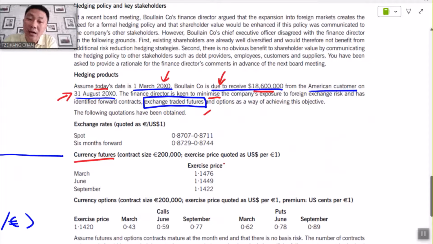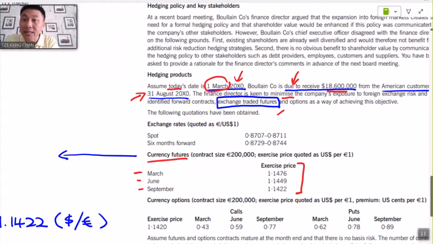These are the market data. The price of the futures contract quoted on 1st of March for 3 batches of futures contracts that expire in March, June, and September respectively. Well, guys, you should know, given the date of the settlement of the foreign currency receipts will take place at the end of August, the September futures contract, which remains valid by then, can only be used instead of March and June.